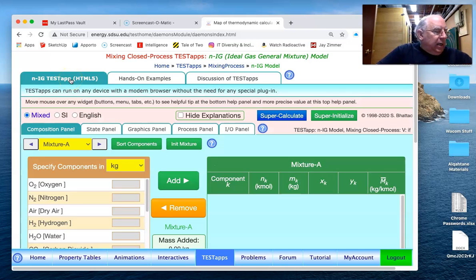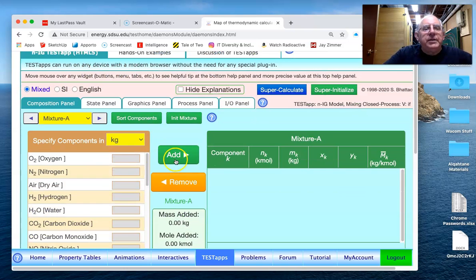Okay, so as before, we're going to make the assumption that our mixture A is what is over in the left side, which is an equal mass mixture of CO2 and water, H2O. And so for equal mass, we'll keep it specified as kilograms.